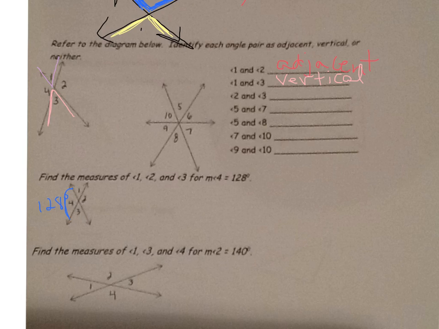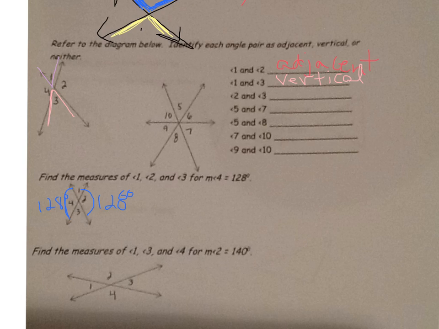So now that's coming back into play as some important information, because you can see that angle 4 and angle 2 are vertical, which means they are the same angle measure. So that means angle 2 is also 128 degrees.